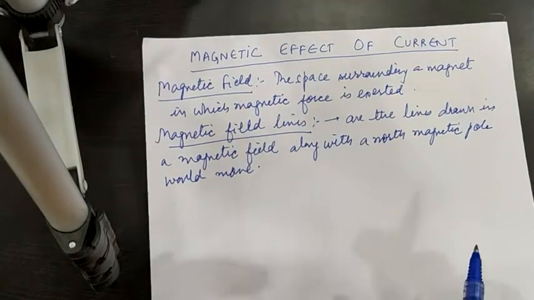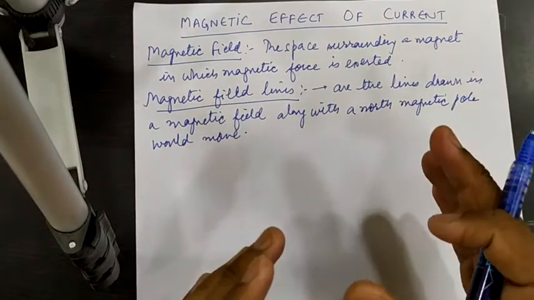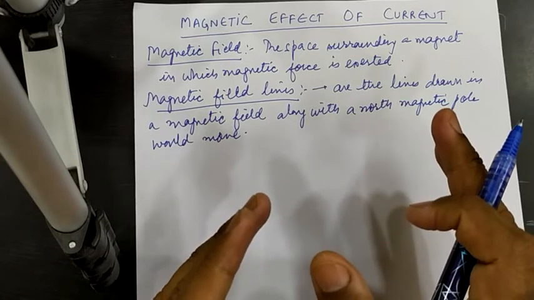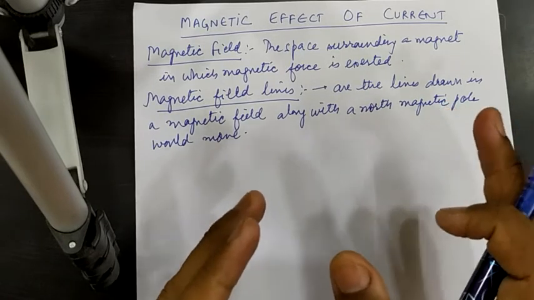That is, these are also known as magnetic lines of force. The direction of these magnetic field lines at any point gives the direction of the magnetic force on a north pole placed at that point.